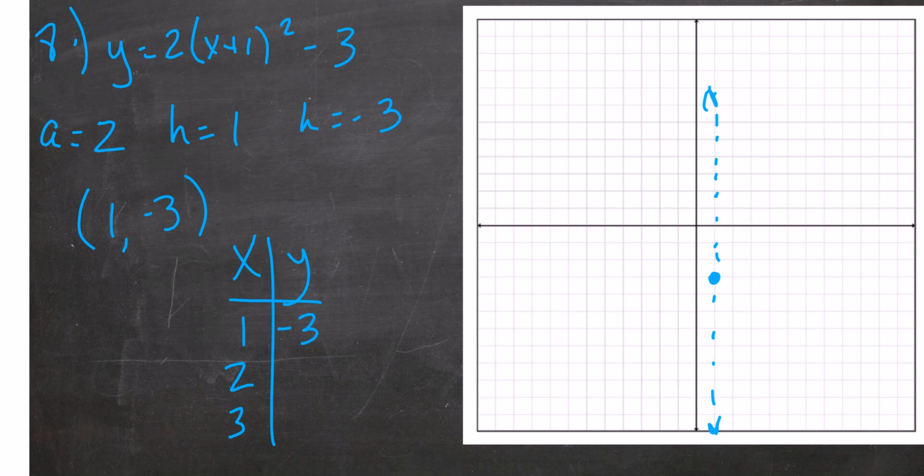So 1 is -3, 2 plus 1 is 3, 3 squared is 9, 9 times 2 is 18, minus 3, so I get 15. 3, I plug it in, I get 3 plus 1, which is 4, 4 squared is 16, I get 32 minus 3, which is 29. So I'm going to make my graph, my y values go by 2.